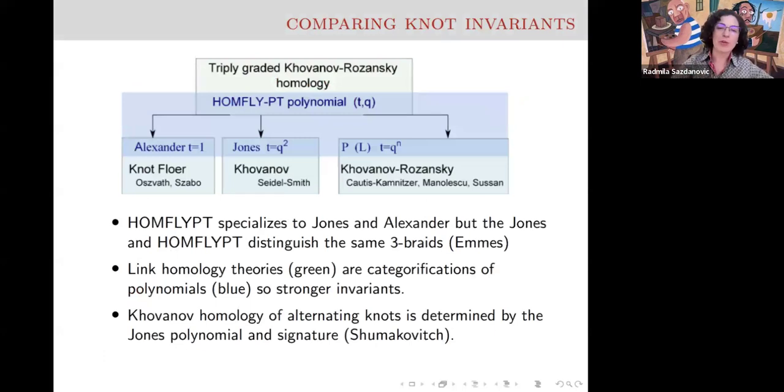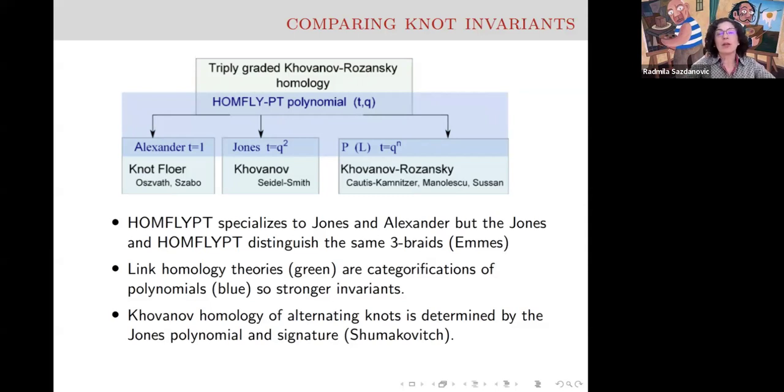But just before I get there, there are some things that we can say about comparing knot invariants theoretically. Everything that's highlighted in blue here, those are knot polynomials. And everything related to a particular polynomial that's shaded light green is a categorification, a homology theory.